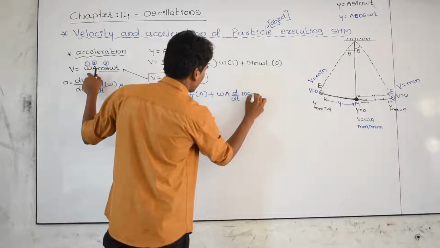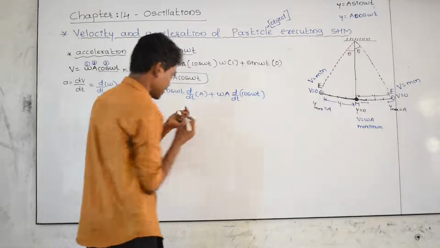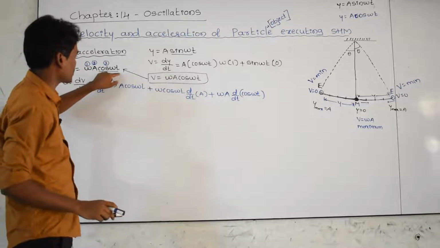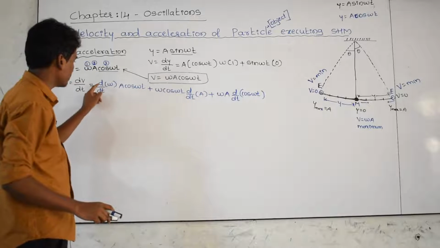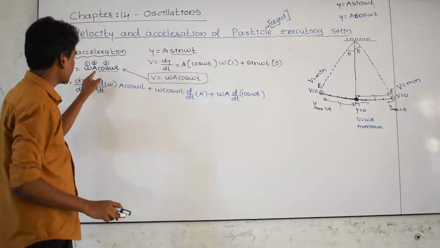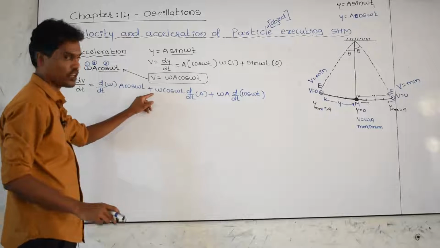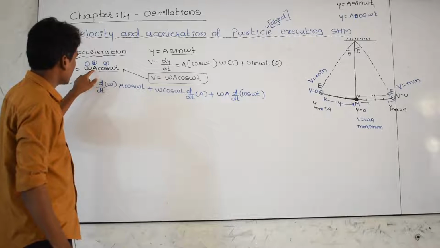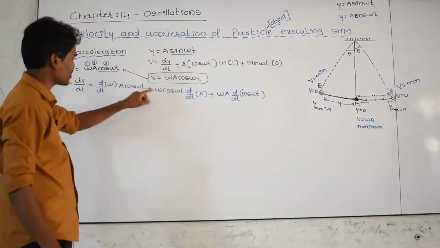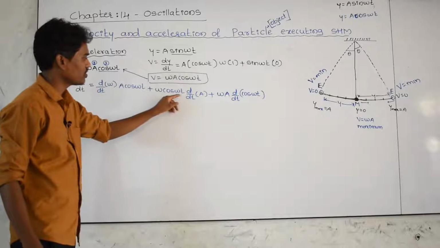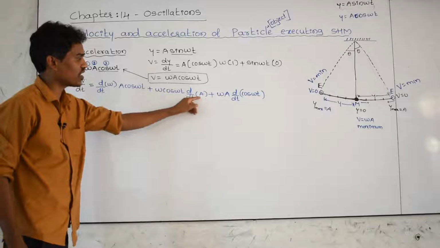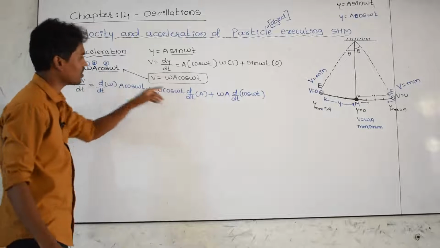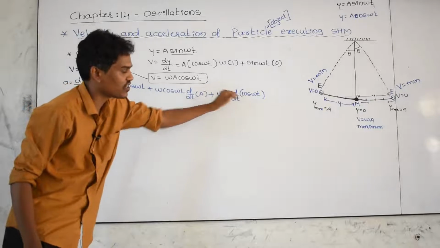And don't get confused here, again I am using the product rule. This is the first function, second function, third function. Differentiate the first function, d by dt of omega, and keep the second and third as they are, plus differentiate the second function and keep the first and third as they are, plus keep the first and second as they are and differentiate the third.